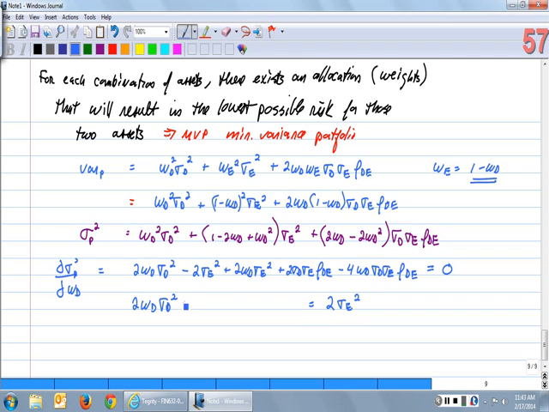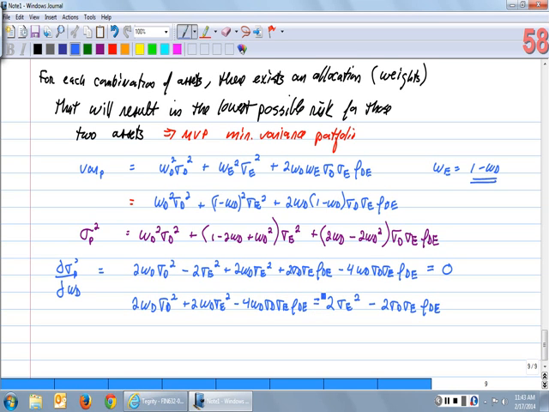Plus 2WD sigma E squared minus 2 sigma D sigma E rho DE minus 4WD sigma D sigma E correlation DE. Alright, I think I'm good. Again, I'll know in a minute.